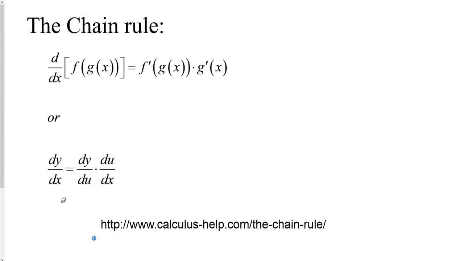Now, when you see something like this, we're taking the derivative of some function u, and so whenever you see d over dx of some function u, that will be du over dx.